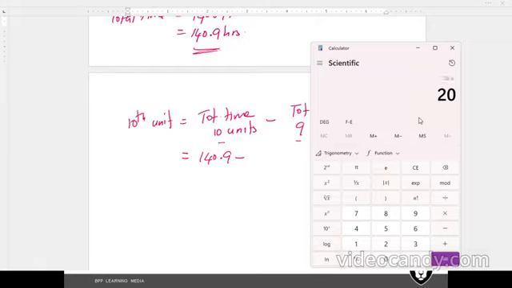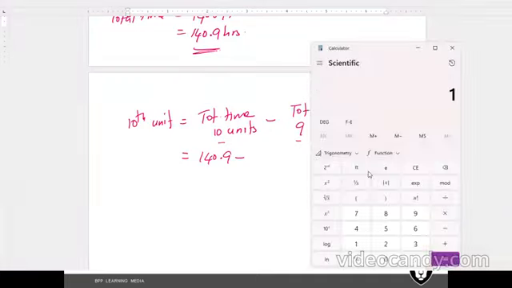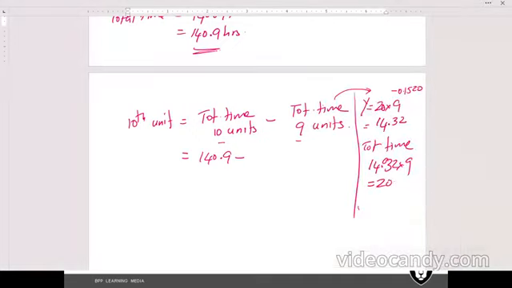So 9 to the power of minus 0.152. That's 14.32. So the total time for the first 9 units will be 14.32 into 9.